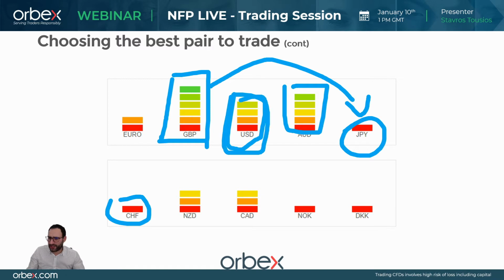But you could trade USD JPY and USD CHF, given, of course, the NFP comes out better than expected. Now, if it doesn't, it means that you could trade the GBP USD, okay? Which means, of course, the GBP USD is the one that has very good chances, according to the currency strength meter, to move up on a weakening of the USD because of the NFP.